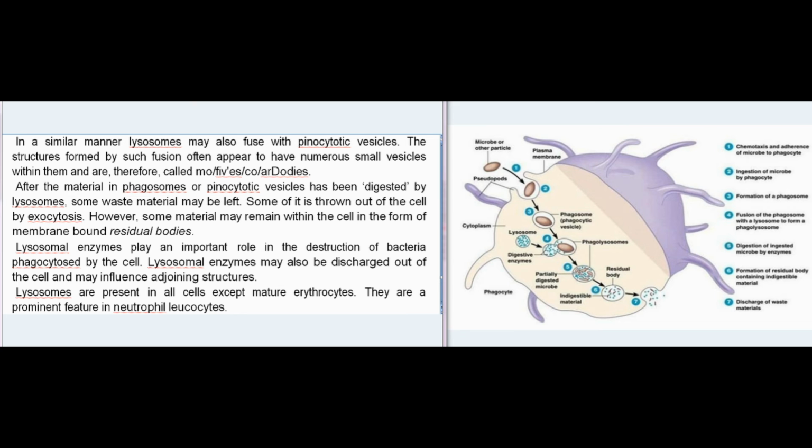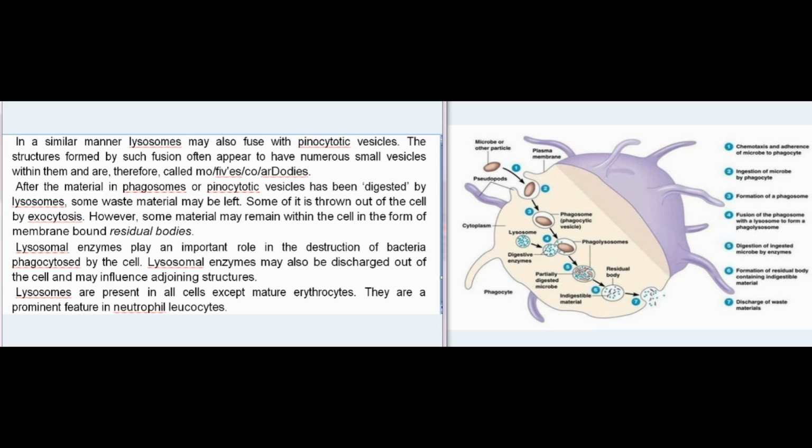The structures formed by such fusion often appear to have numerous small vesicles within them and are, therefore, called multivesicular bodies. After the material in phagosomes or pinocytotic vesicles has been digested by lysosomes, some waste material may be left. Some of it is thrown out of the cell by exocytosis. However, some material may remain within the cell in the form of membrane-bound residual bodies.